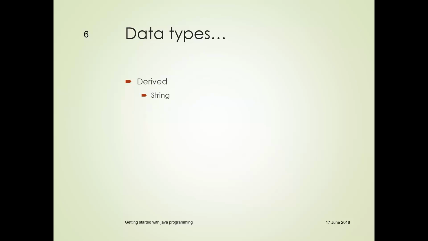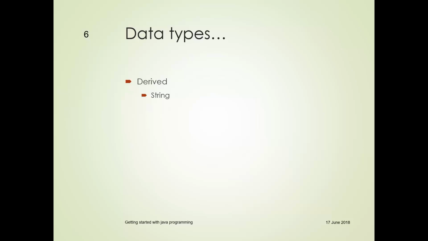The second one we call a derived data type. Now derived data types are actually data types which are built upon those primitive data types. So primitive data types we already have, right? Now using those primitive data types, other data types are derived. Okay, and those are used for many purposes. For example, on this screen I'm showing the string data type. Actually in Java, string is a class.